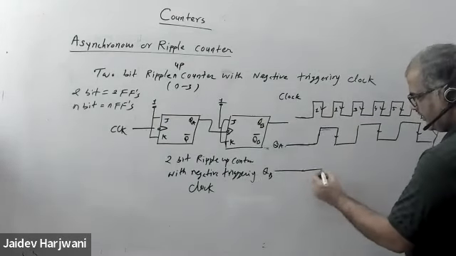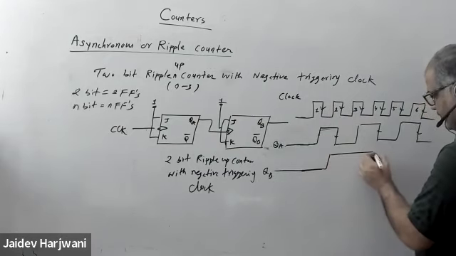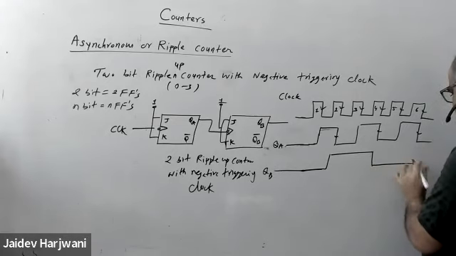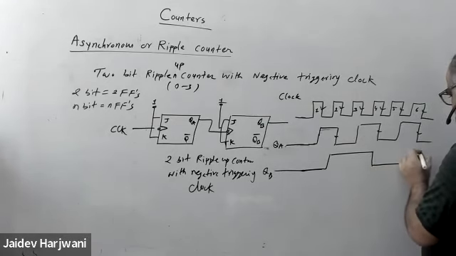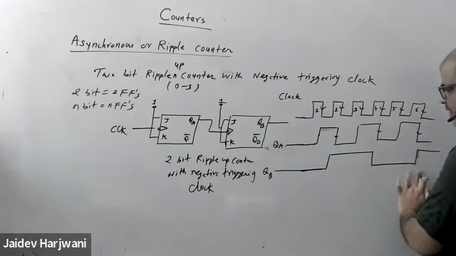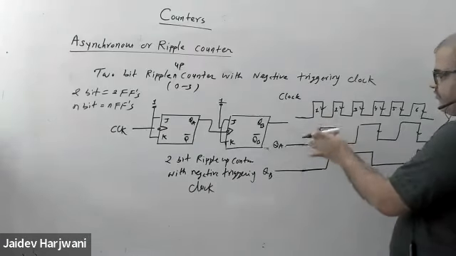So now here it is going down, so it will go up here. Again here it will go down, here it will go down. Again it goes up here. So we are going down, going up. So you can see here the clock frequency is decreasing.